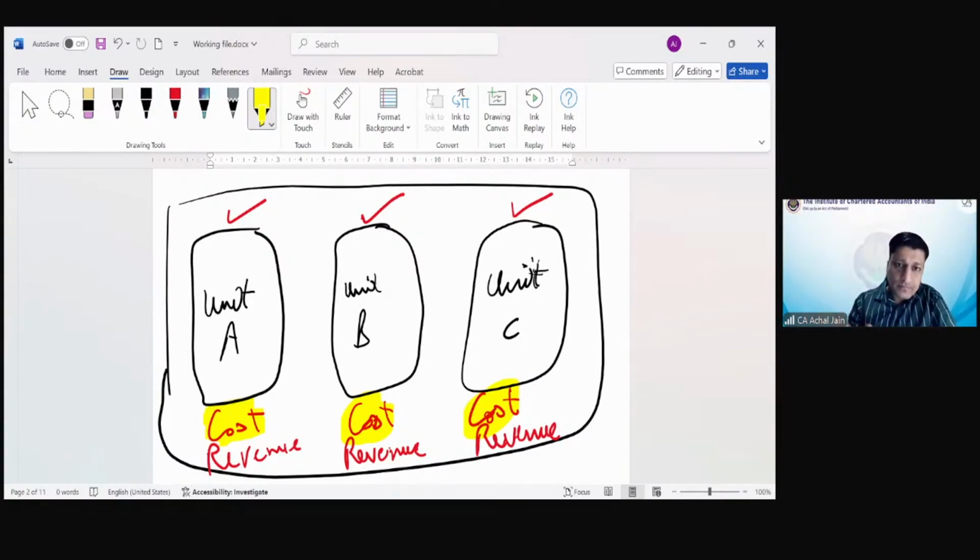Yes or no? At the same time, nowhere is it written that they are not interdependent. Correct? So as of now, whether these 3 units are independent or interdependent is not known to us.